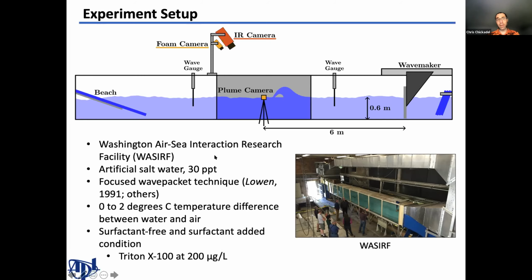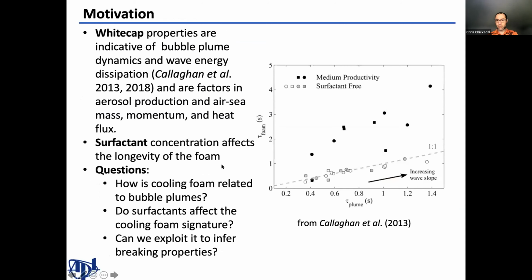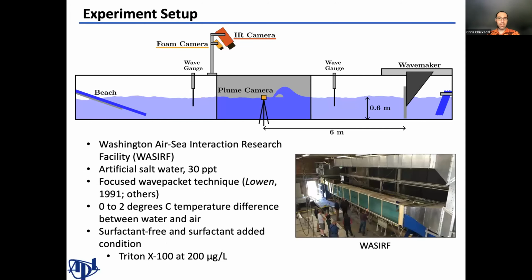We used a focus wave packet technique to generate repeatable wave breaking in the imaging region, the test region. We were able to vary the air-sea temperature difference by heating the water. So this has a water heating unit, which allowed us to simulate some modest variation in the air-sea heat flux.